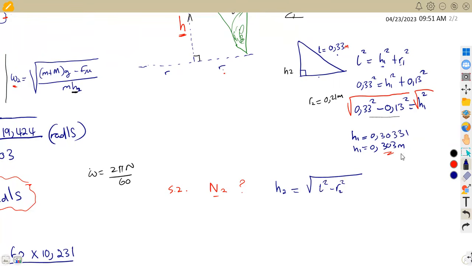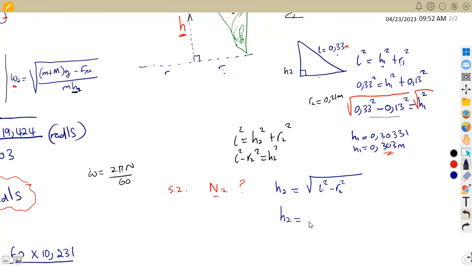We can make this the subject, since we said L squared is equal to H2 squared plus R2 squared. So you can transpose: L squared minus R2 squared is equal to H2 squared, then square root both sides, and we obtain this. So we can obtain our H2, which is the height affecting the omega 2.